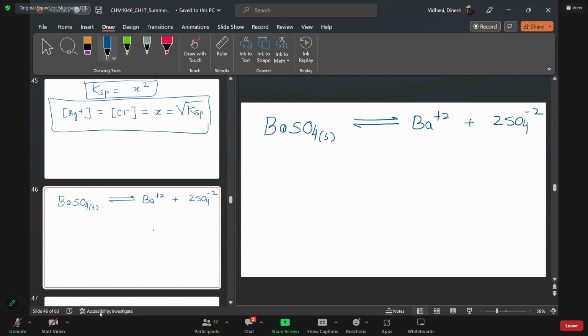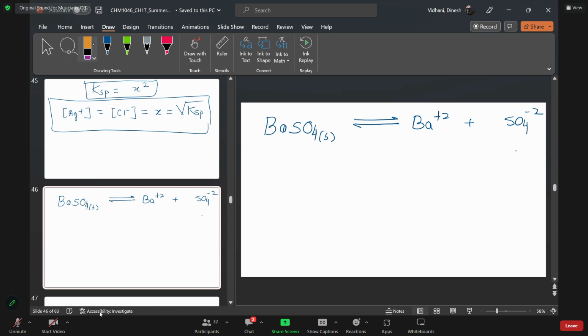Is it right? Can I do that? Is this 2 correct? It's not balanced. Exactly. So you have barium plus 2, sulfate negative 2. So it shouldn't be like that.